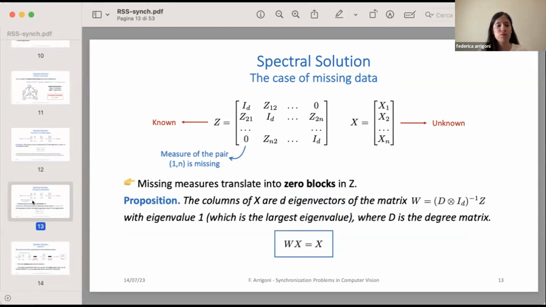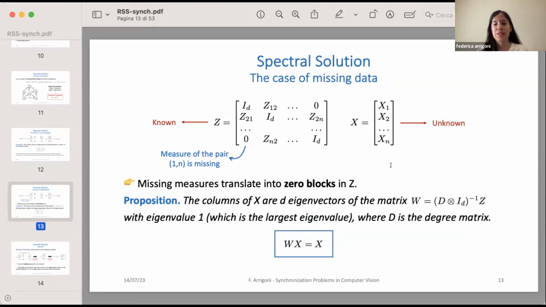Before reviewing this solution, we will move to the case of missing data, whereas in the previous slide, we considered the simplified case of a complete graph. If we have missing edges, then these are represented as some zero blocks in our big measurement matrix.